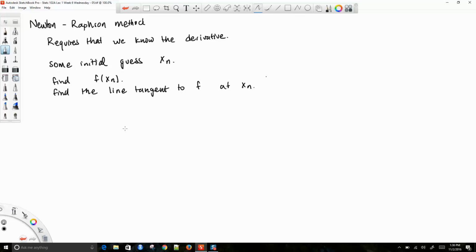And then find where the tangent line crosses the x-axis, where y equals 0, okay? And where it crosses that location, it will be x of n plus 1.